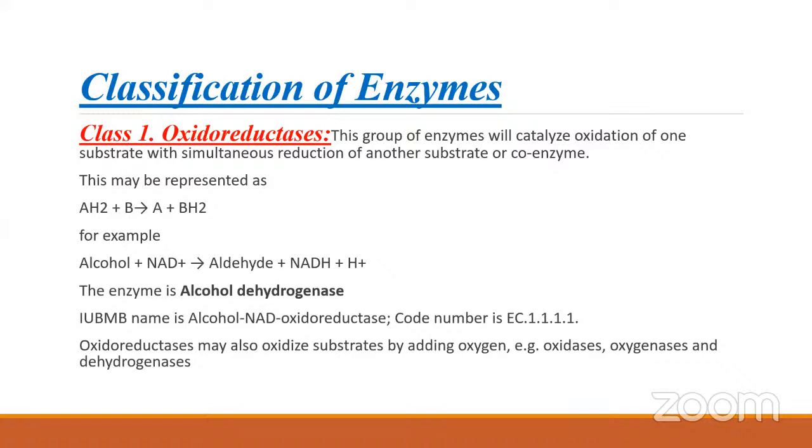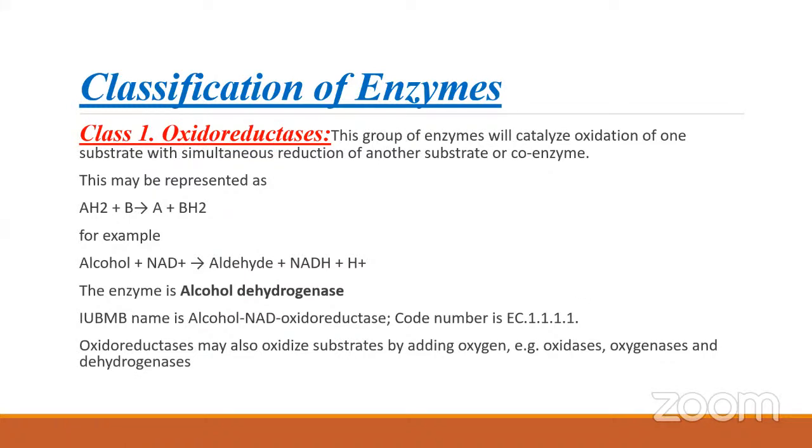The IUBMB has given alcohol dehydrogenase the name alcohol NAD oxidoreductase; alcohol dehydrogenase is the trivial name. The code number for this is EC 1.1.1.1. It belongs to class 1, oxidoreductase, subclass 1, sub-subclass 1, and it is the first enzyme in that sub-subclass.